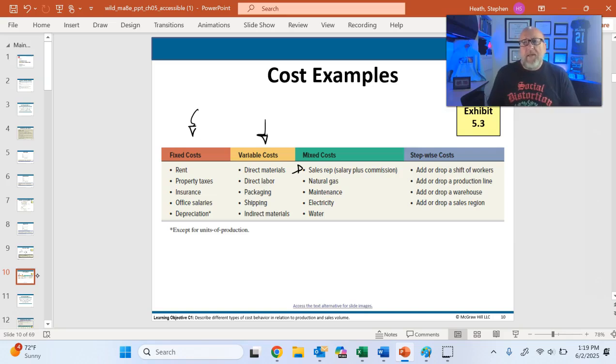Okay. And then stepwise costs, again, that is fixed within a relevant range. We talked about shift workers, but it could be all sorts of different things, right? Our sales and our production could get so big that we would maybe need a second warehouse to store all of our finished goods or to house all of our production.